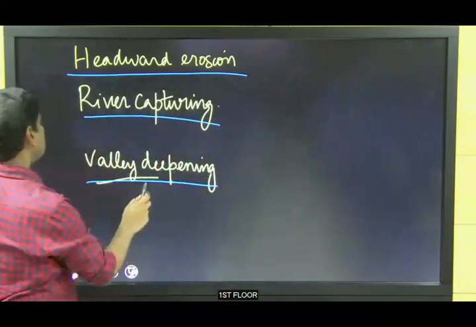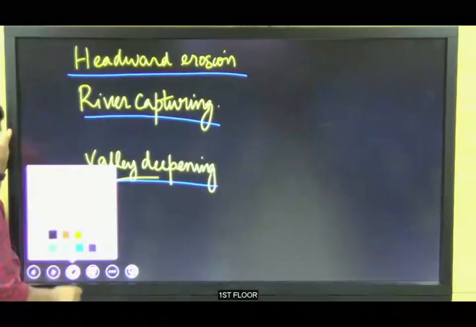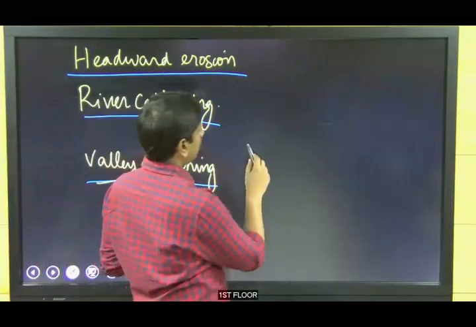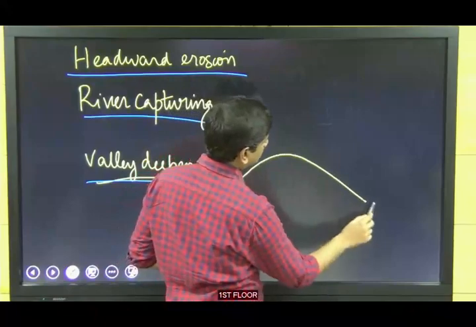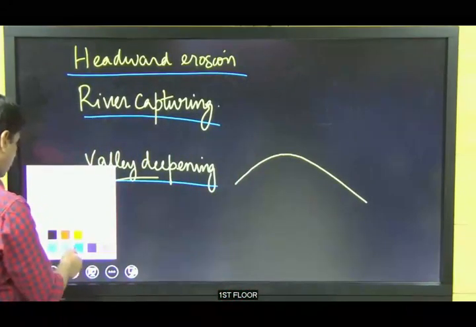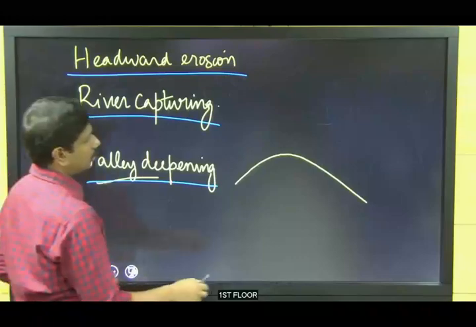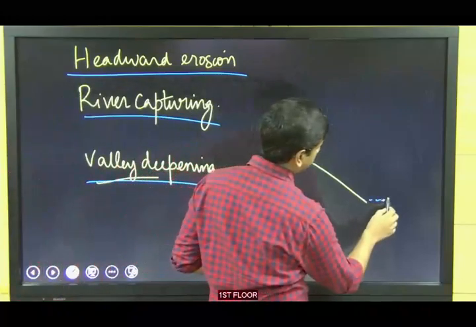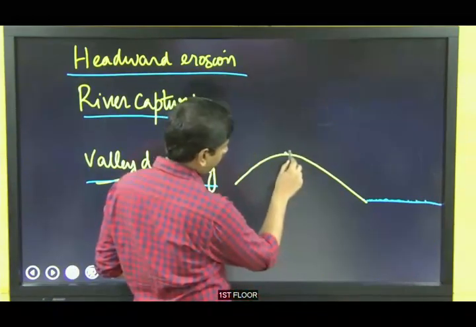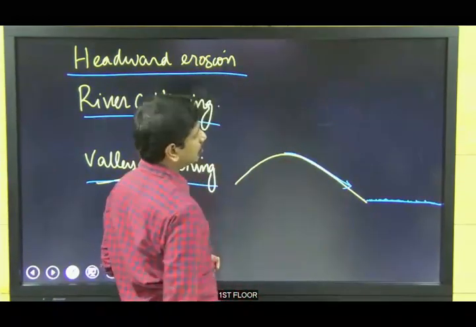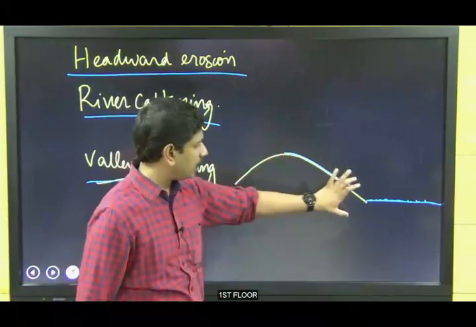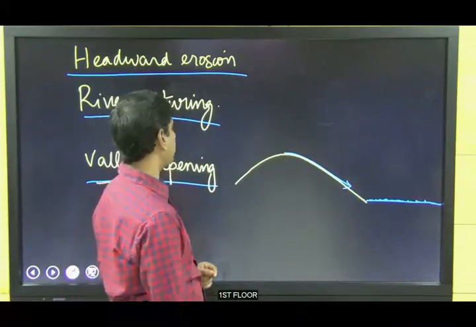Valley deepening is found in the Himalayan rivers, absent in the peninsular rivers. Okay, the hill is like this. Hill or the plateau or the mountain is like this. The sea level is like this. The water is flowing from here to here. Okay, it is because of the slope. Because of the gradient only, the water is flowing because of the gravity.